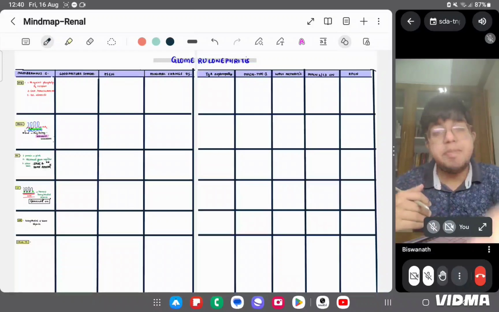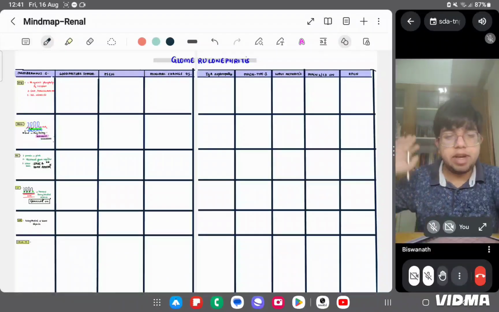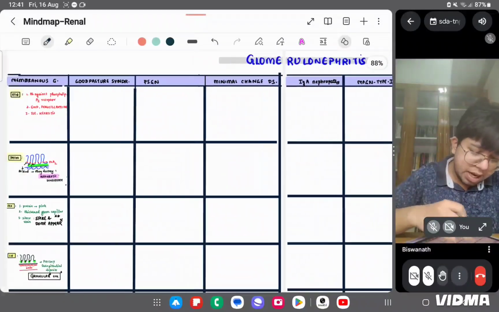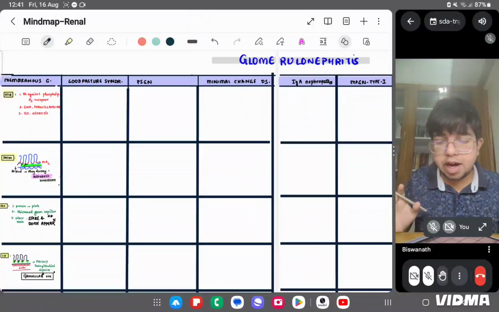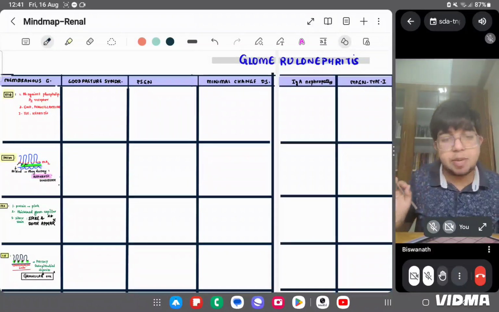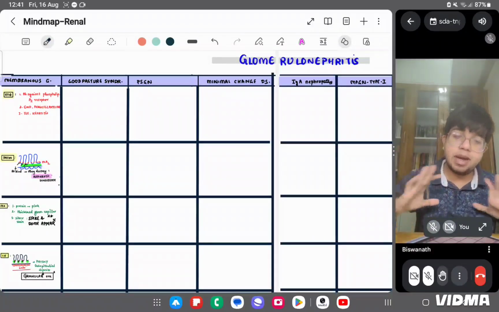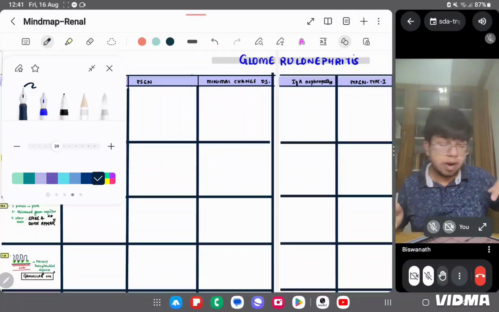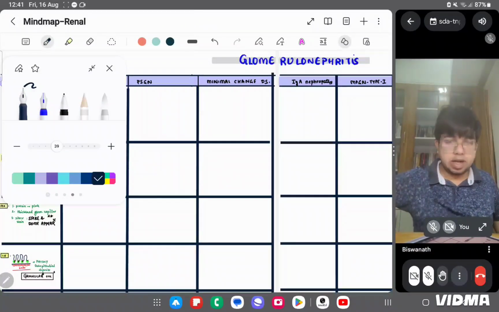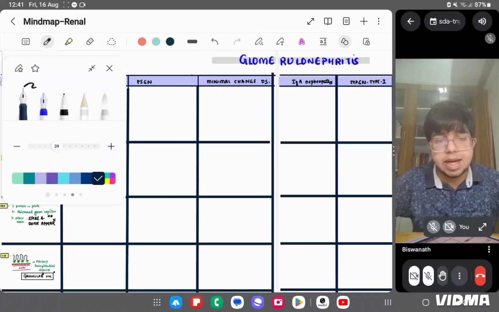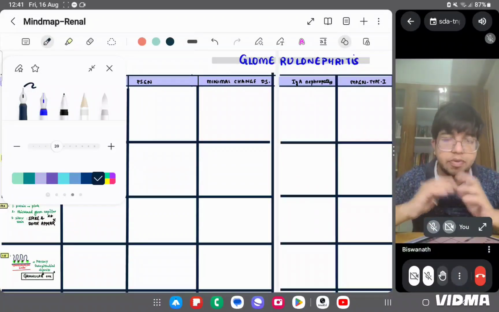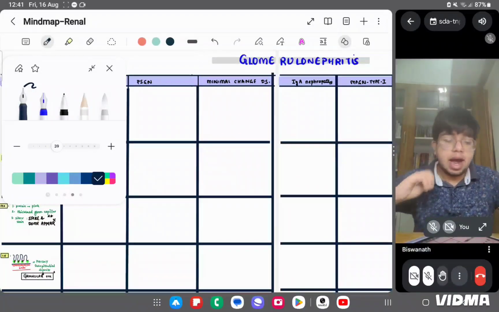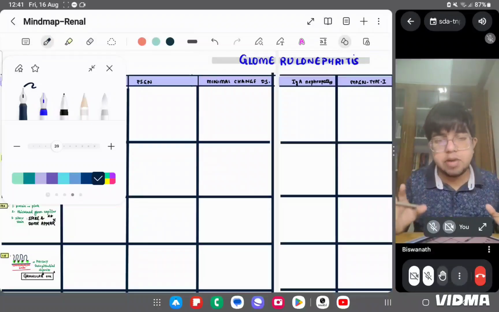Now we have our template ready. We'll just quickly go through the disorders again. So up to now, you must have figured out how we are going to clear this topic. We approach this topic in a mind map format, and this mind map will be important at the time of your exam. So you have to compare and contrast. This compare and contrast method is very helpful in revising what you read in a discrete format, and you can do this with all of them.